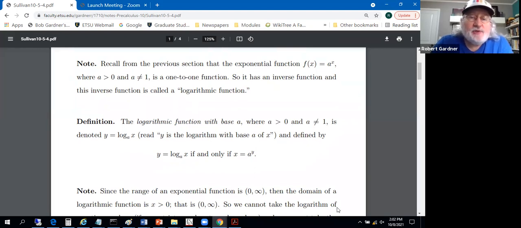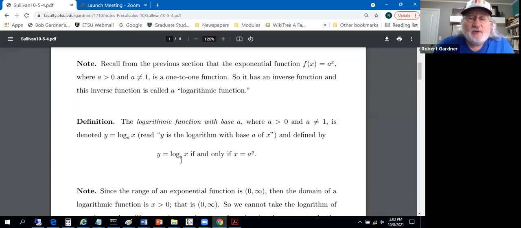The formal definition of the logarithmic function with base a, where a satisfies these conditions, we denote as y equals log base a of x. Y is the logarithm with base a of x. It is defined by the equation y equals log base a of x if and only if x equals a to the y.